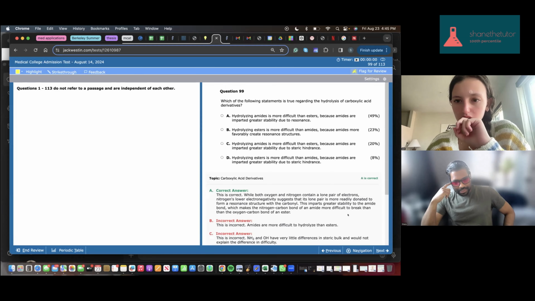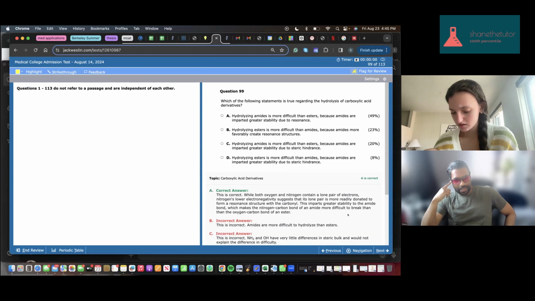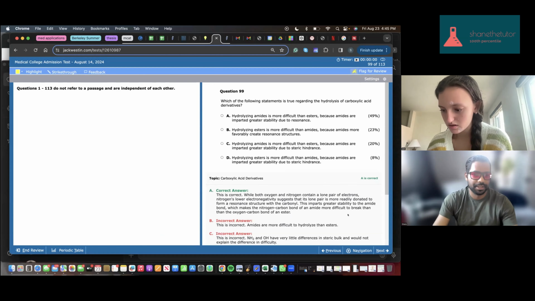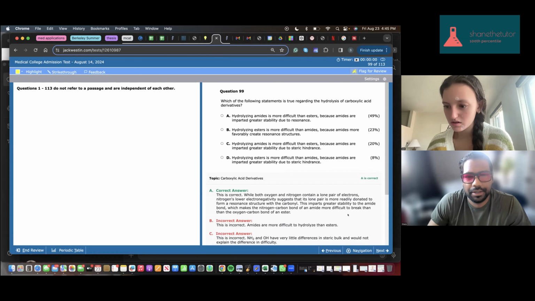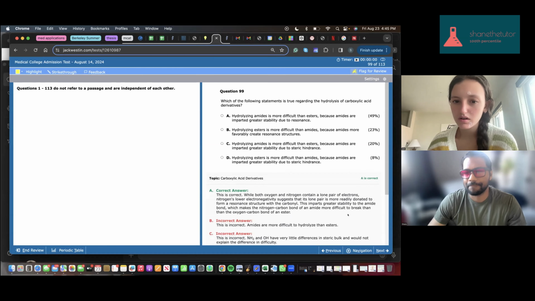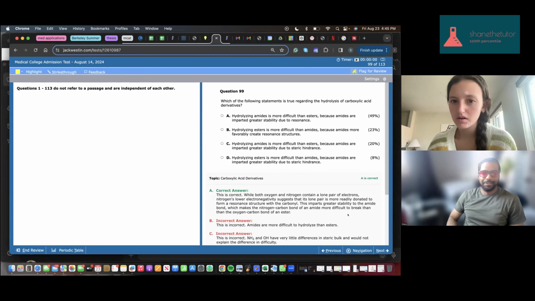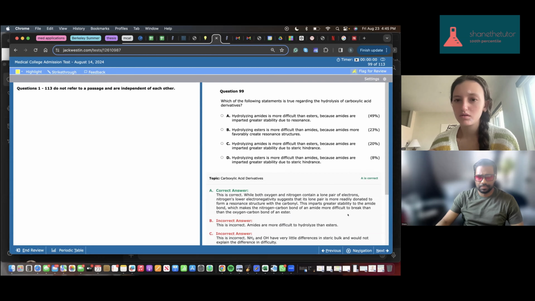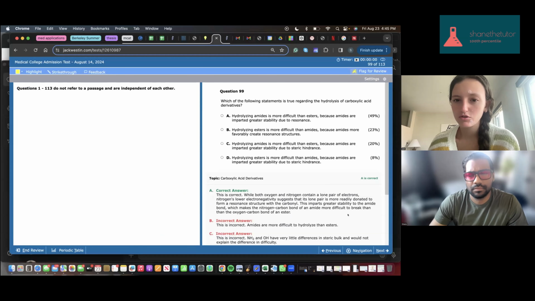Which of the following statements is true regarding the hydrolysis of carboxylic acid derivatives? What are your thoughts here? Would you draw them out?